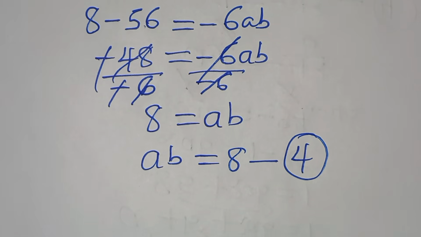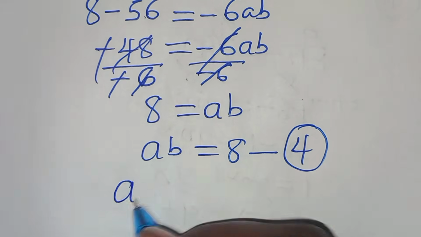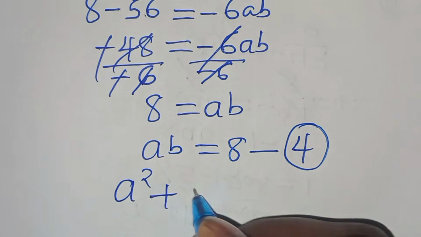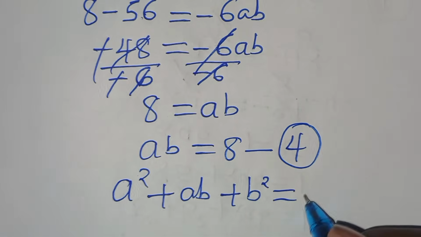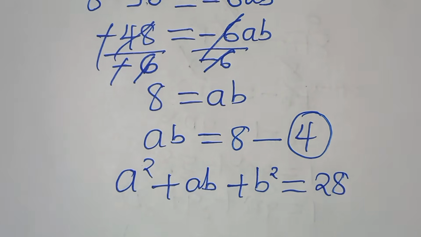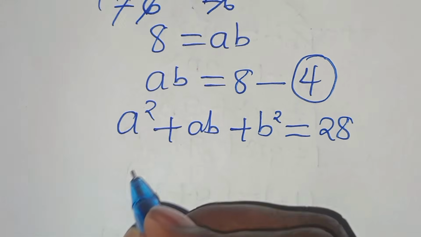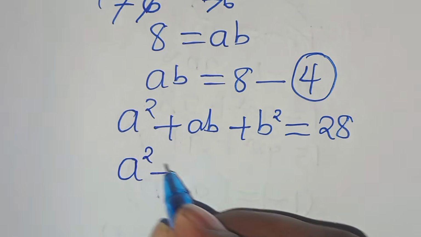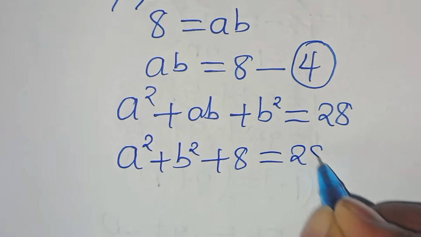Now, the next step is that from equation 3, which is a squared plus ab plus b to the power of 2, this is equal to 28. We can easily substitute ab, which is 8, so that we have a squared plus b squared plus 8 equal to 28.